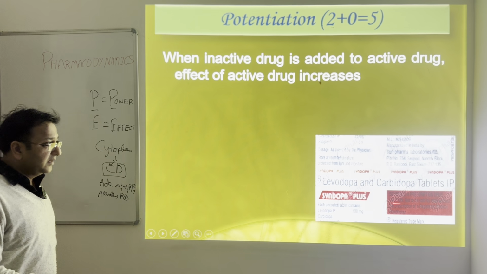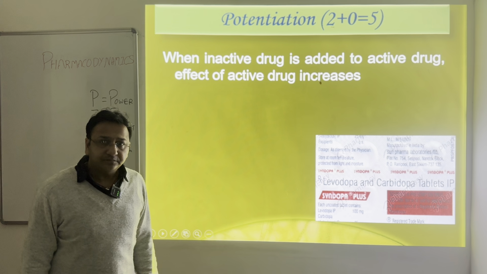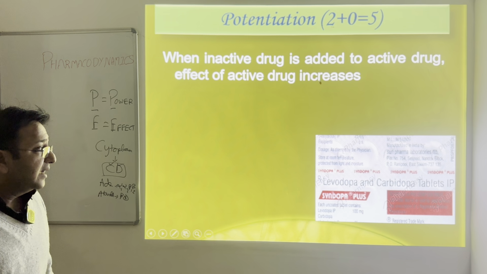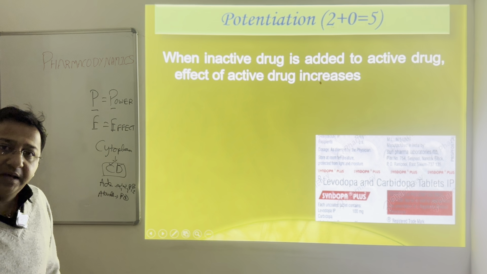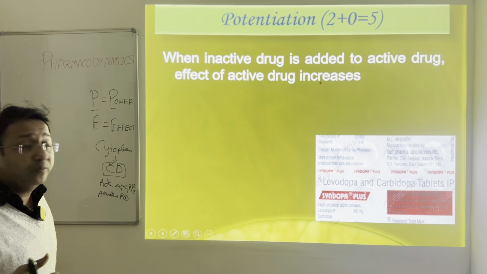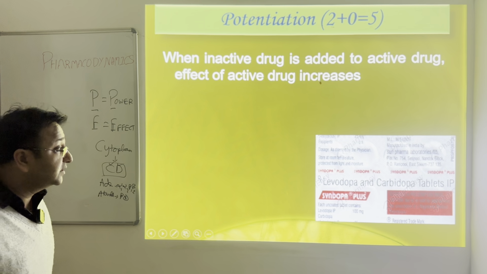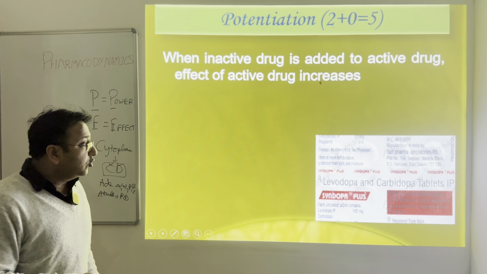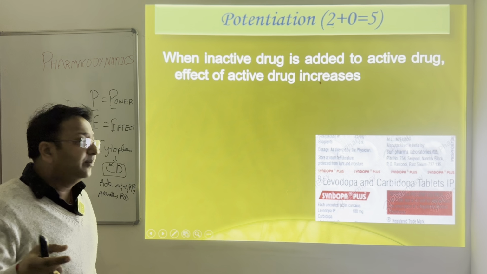How does this come about? Levodopa and carbidopa example. We give levodopa and carbidopa in Parkinsonism. Carbidopa has no role. Levodopa has a role. It increases the dopamine level in the brain, where dopamine should be increased. But we give levodopa through the oral route, so dopamine cannot enter into the brain.